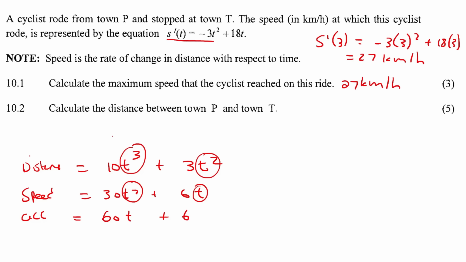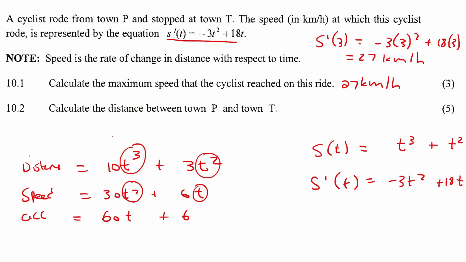So if this is the formula for the speed, minus 3t squared plus 18t, then you can imagine that the original formula would have had a t cubed and a t squared. We don't know what the numbers in front would have been, so I'm going to say a and b.